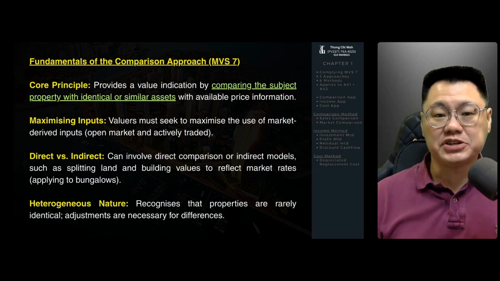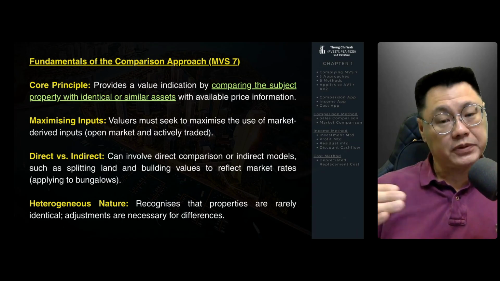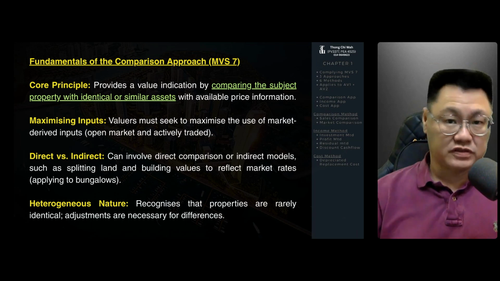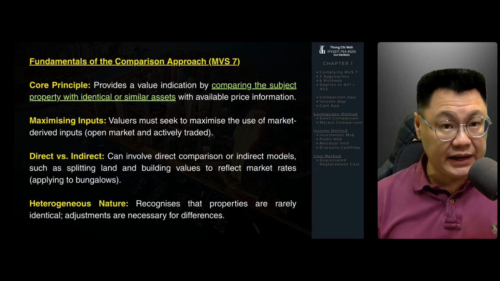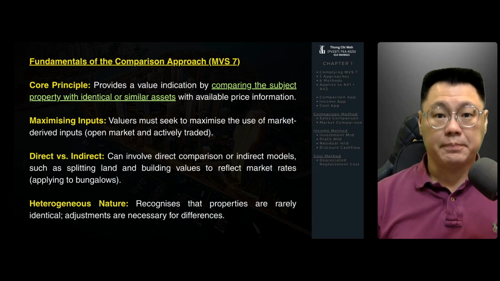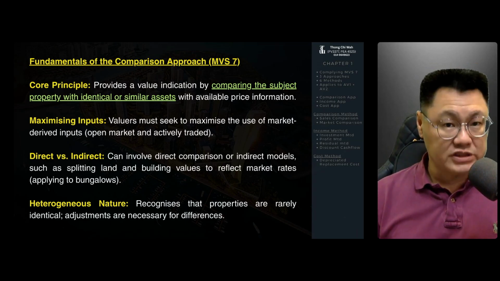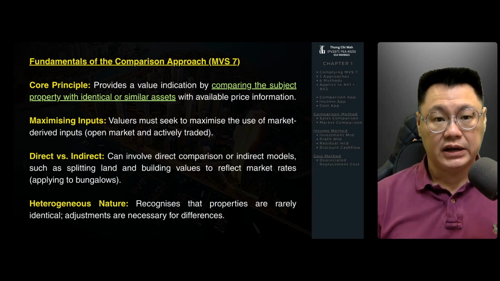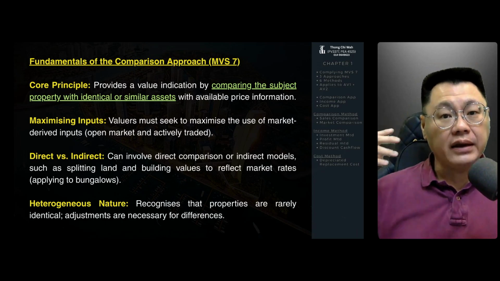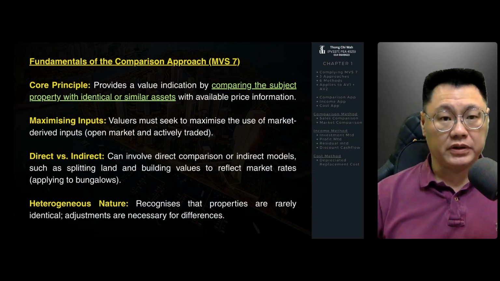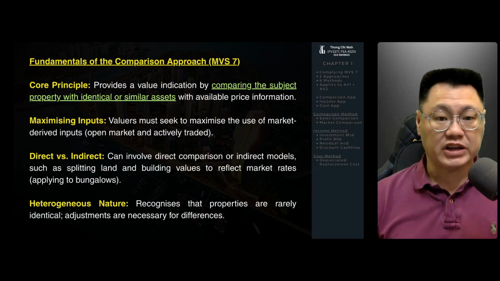In simple English, you are to compare your subject property, the property that you are valuing, with properties that have been transacted earlier, which will reflect the market value based on available information, that is JPPH data. So we get a value by comparing properties nearby to your subject property, based on JPPH data transactions.